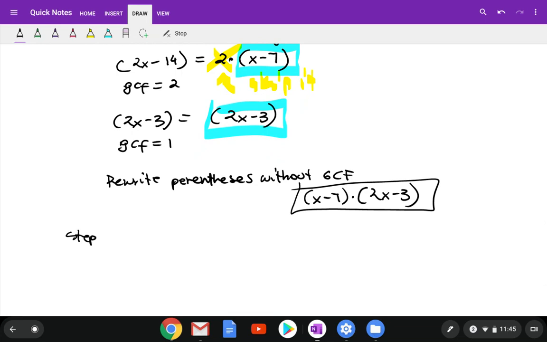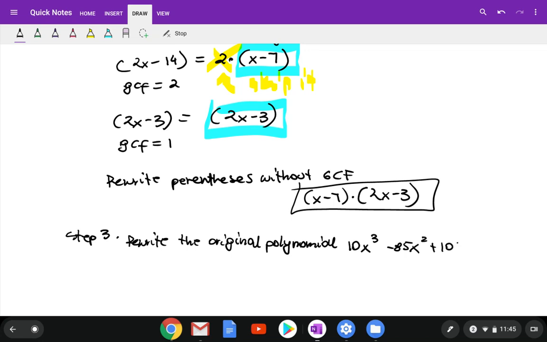Step 3. Don't forget that the original problem had a polynomial of degree higher than 2. So you need to rewrite the original polynomial, which was 10x to the third power minus 85x squared plus 105x, using the GCF from step 1.